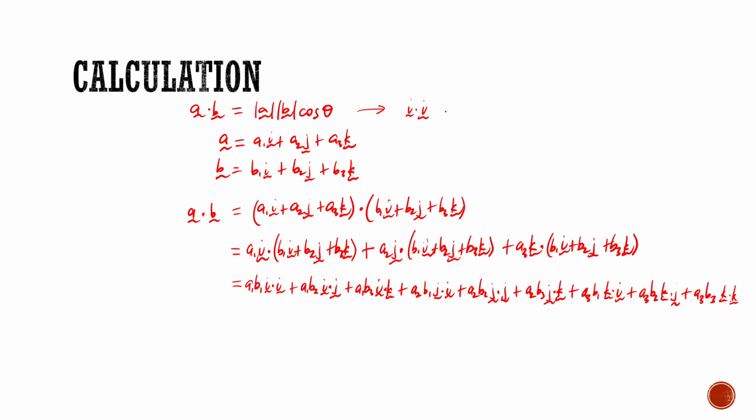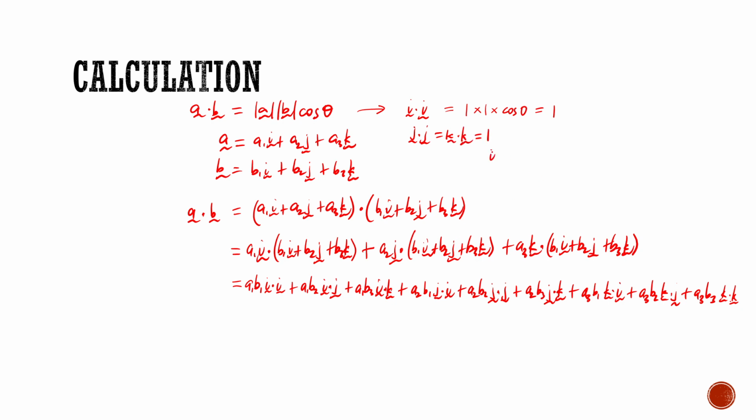The magnitude of i is 1, and so this would be 1 times the cosine of the angle between them, which is 0, and cos of 0 is 1, so this would be 1. So similarly, j dot j would be 1, and k dot k would also be 1.